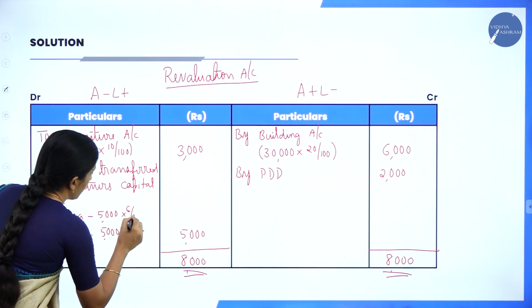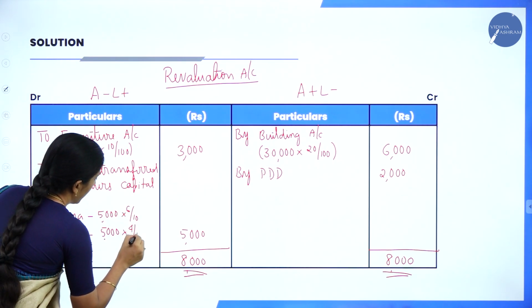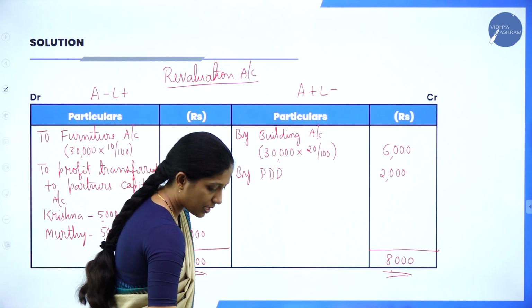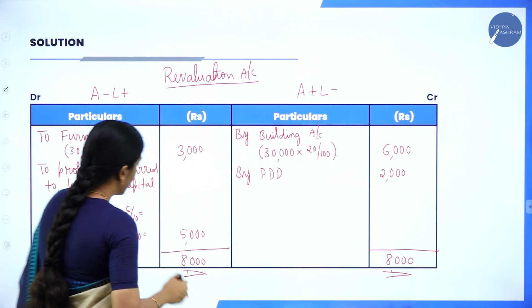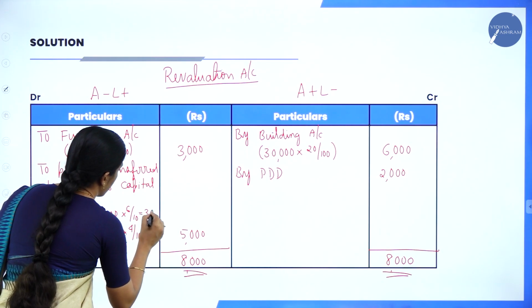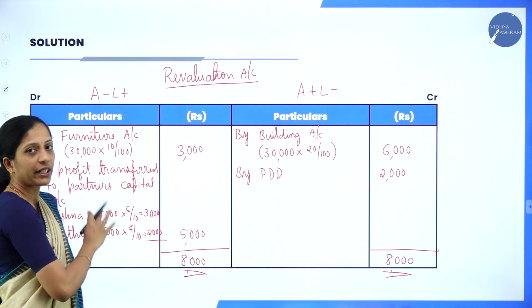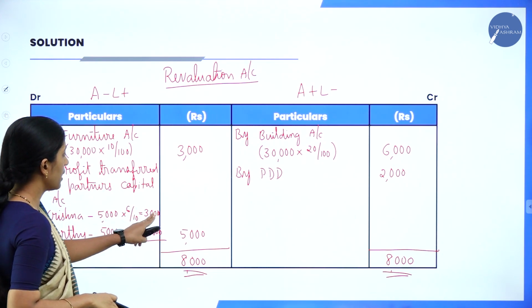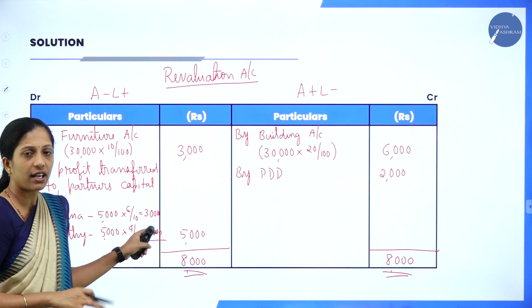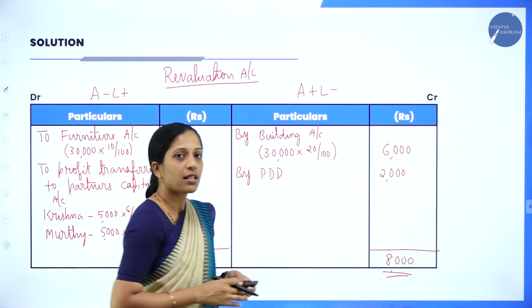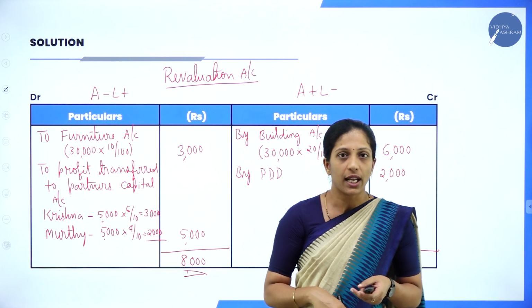So 6 divided by 10 and 4 divided by 10. So 5,000 into 6 divided by 10. So it will be 3,000 and 2,000. So hope you are clear about your revaluation account. So this is a revaluation profit which has to be transferred to partners capital account. So this is how you will prepare your revaluation account.